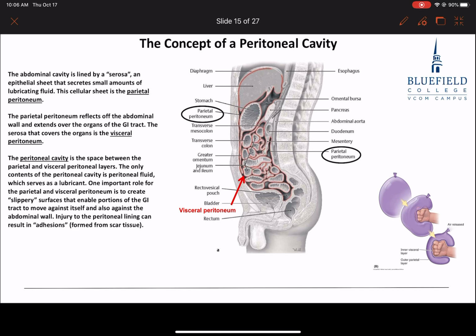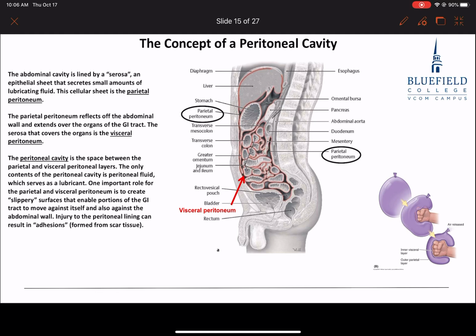So let's just look right here. Here's the parietal peritoneum on the posterior abdominal wall. As we go up here, we see where it reflects off of the wall and follows this structure, which is labeled mesentery. That's mesentery proper. But you can see it goes out here and begins to encircle each of these cross sections.